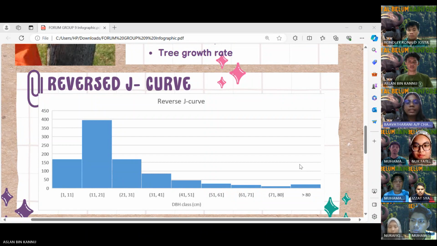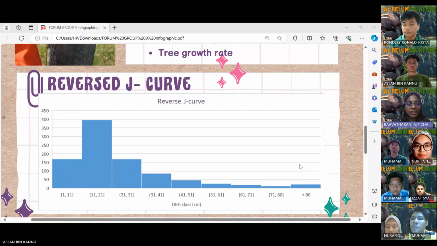So when we see this reverse J curve in this data analysis, it's like a story of a healthy and sustainable environment for forests, and the forest becomes a protector of nature, filled with a variety of biodiversity and a powerful force in the effort to combat climate change.